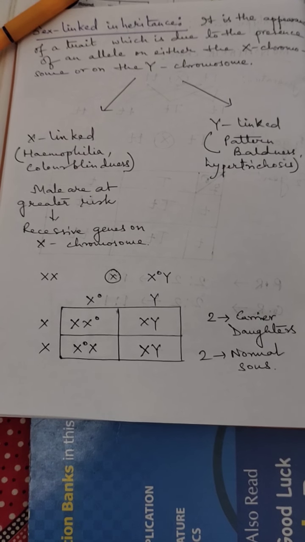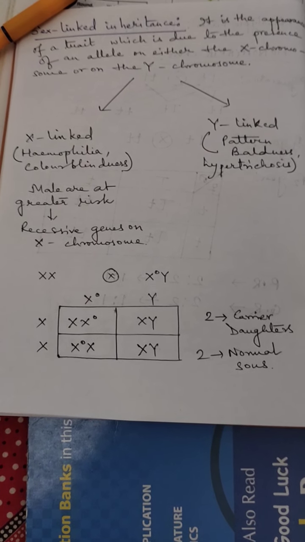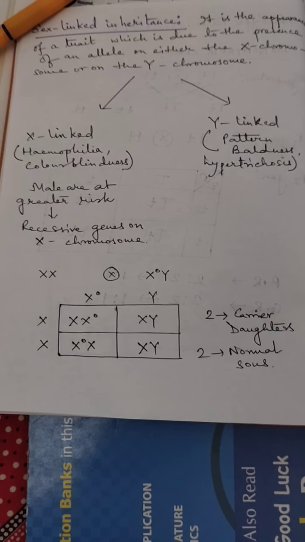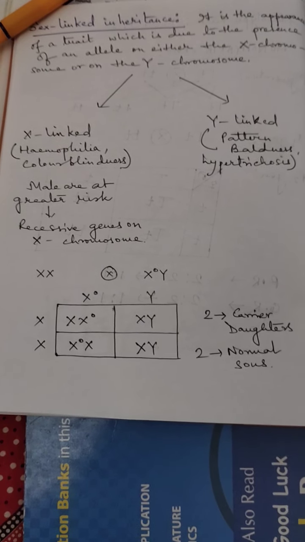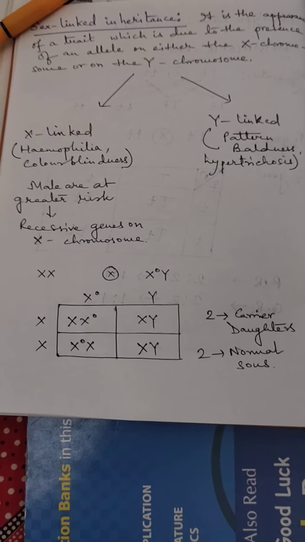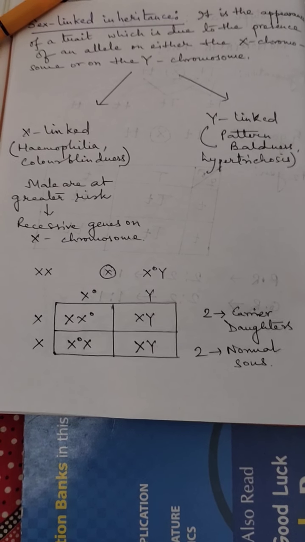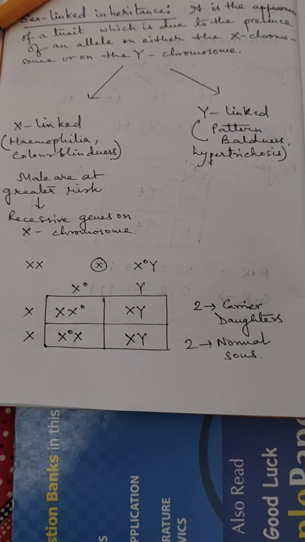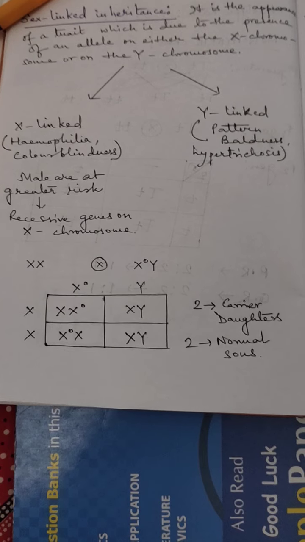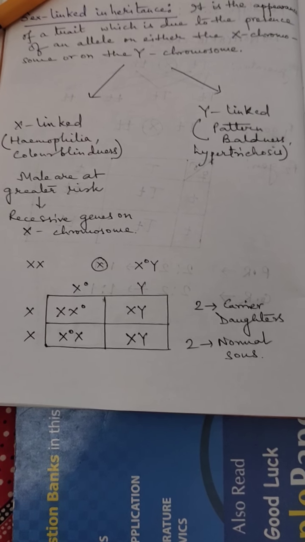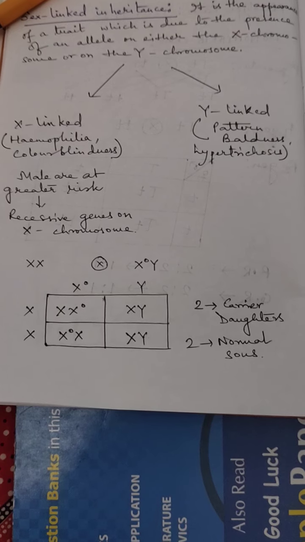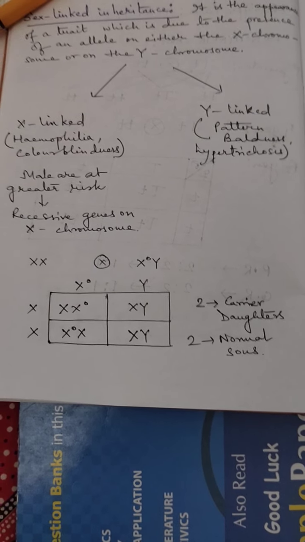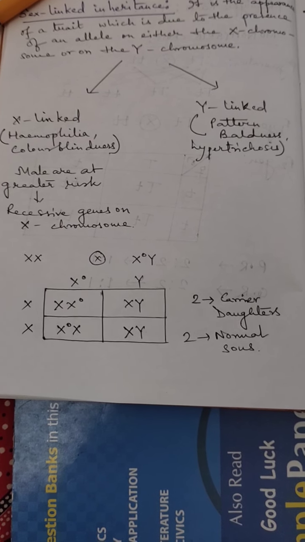So recessive genes means definitely males, because on the X chromosome, females will have only the dominant genes. I hope it's clear. So that is why all the X-linked genetic diseases are found in males, and Y-linked inheritance diseases are definitely found only in males because Y chromosomes are not present in females. So you must learn the examples, and also you must remember why the X-linked inheritance diseases are found mostly in males.